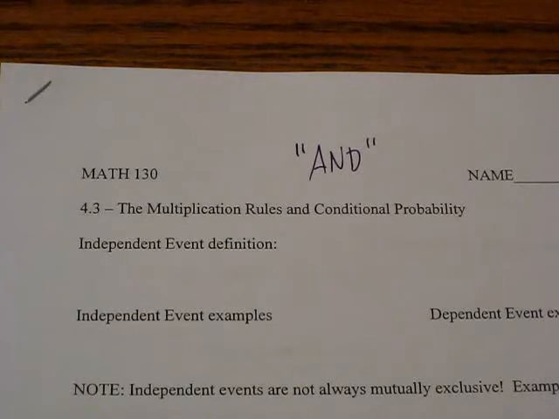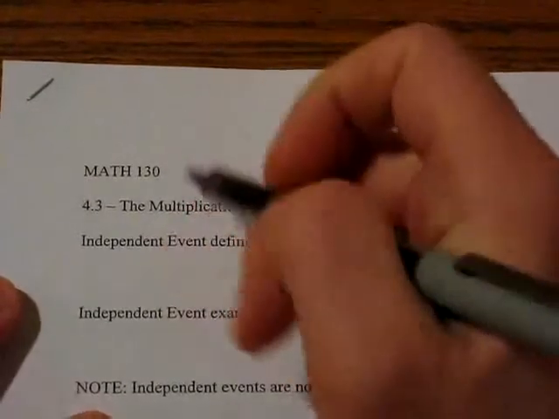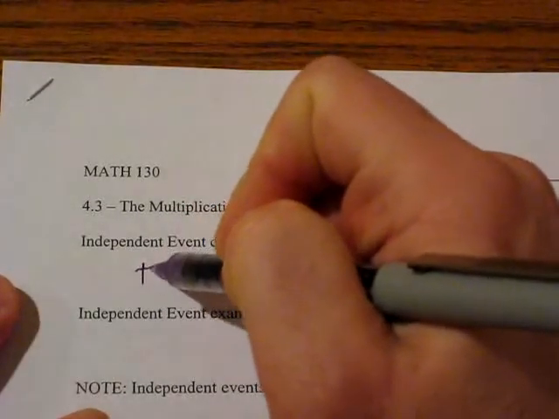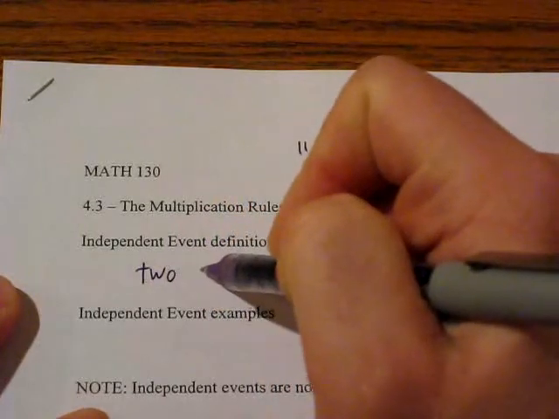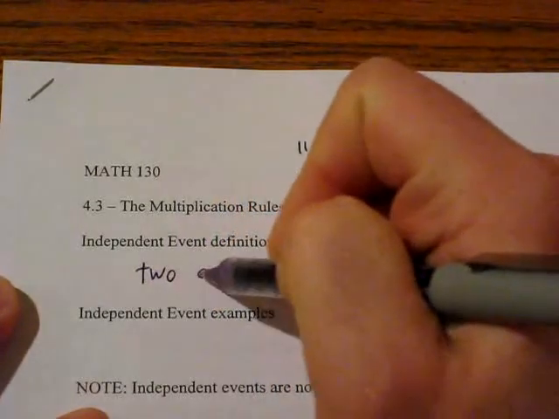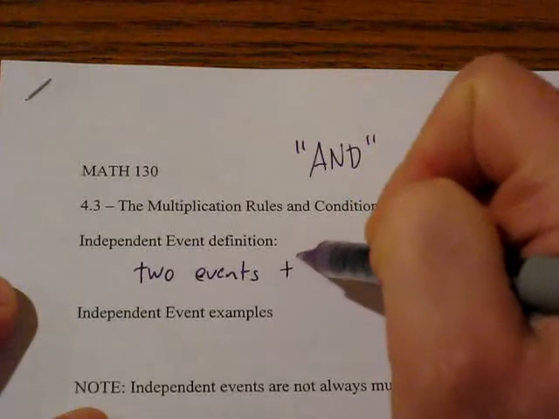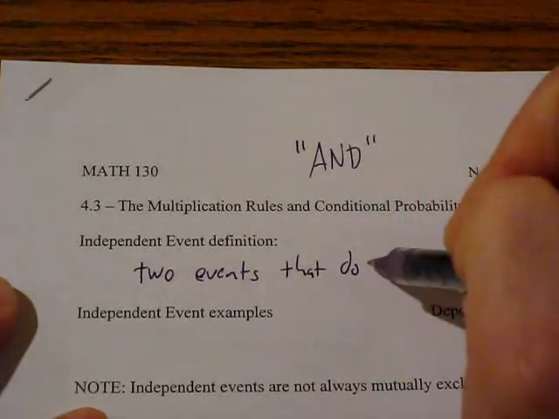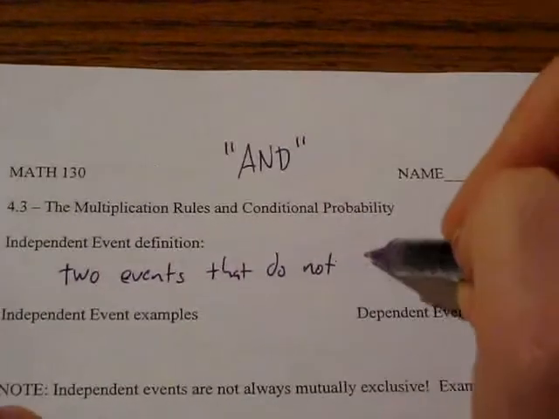Now, the first thing we're going to start off with is independent events. An independent event, or two independent events, are two events that do not affect each other.